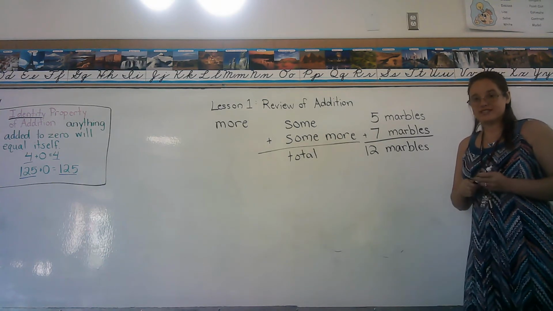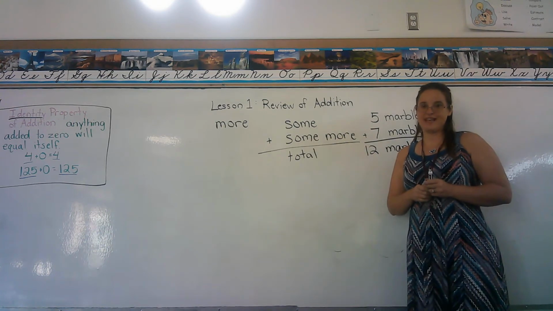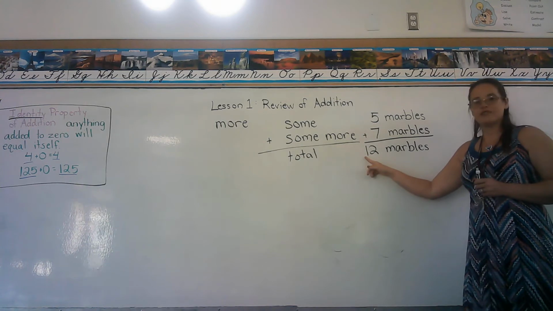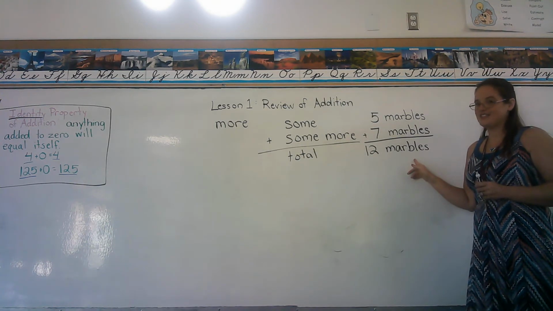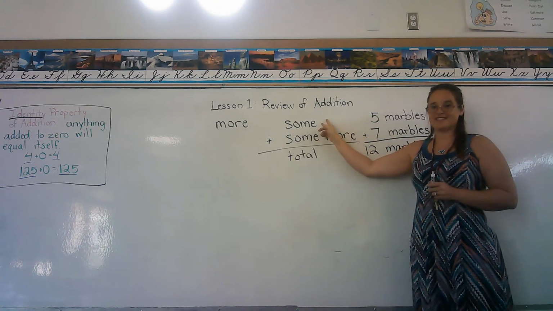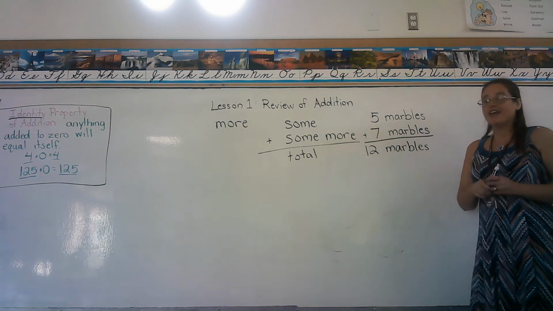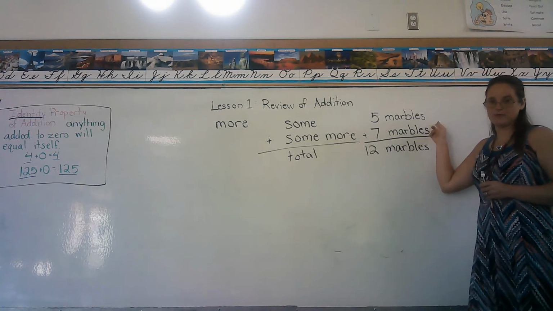It could also say, DJ had some marbles. DJ bought 7 more marbles. So then he had 12 marbles. How many did DJ have to start with? In this case, you're finding the sum number. You're finding this 5.